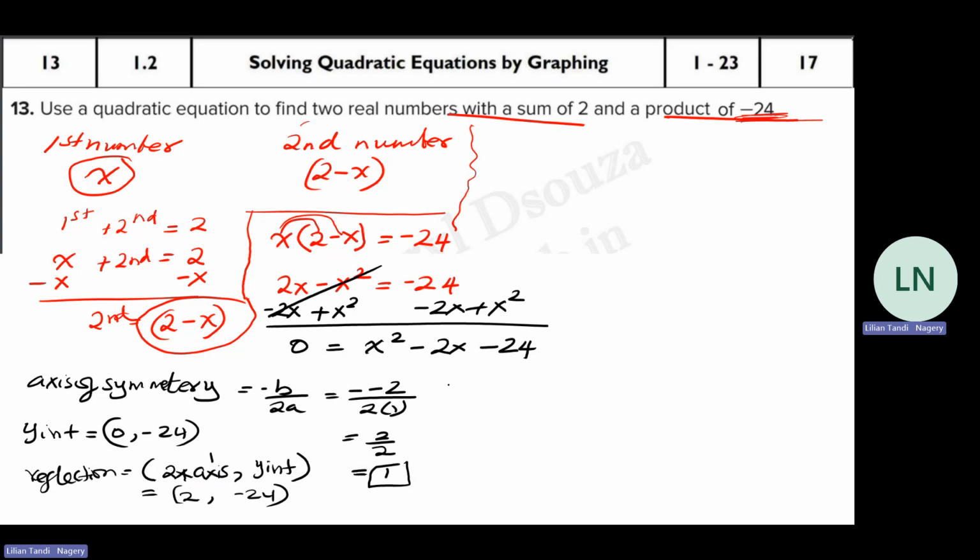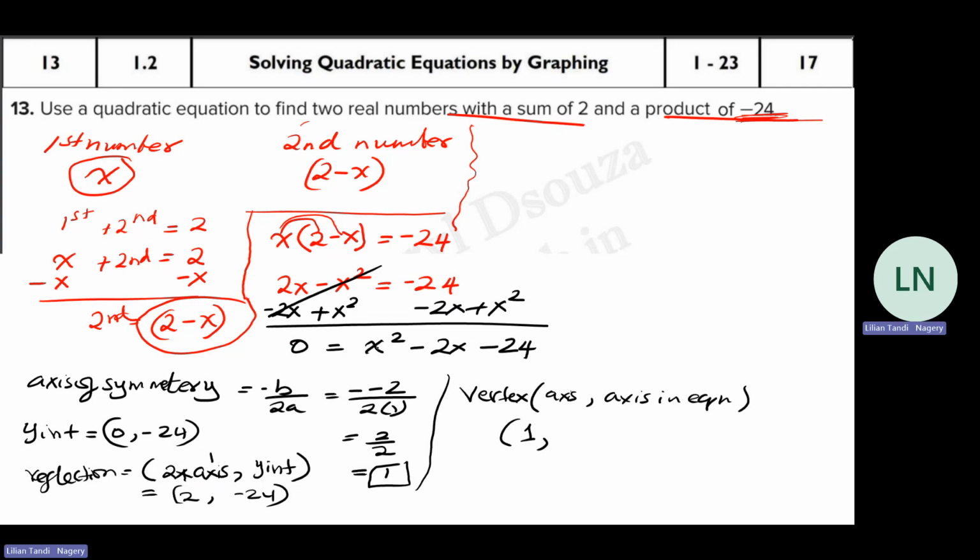After you do that, you do the vertex. How do we find the vertex? The vertex is the axis, and then the axis put into the equation. Okay? So the axis was how much? 1.